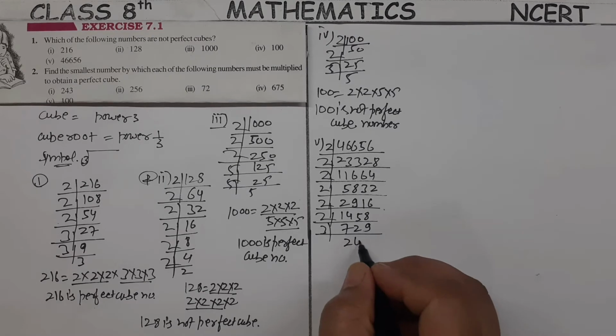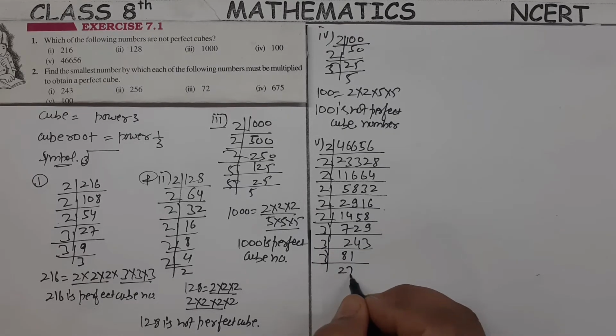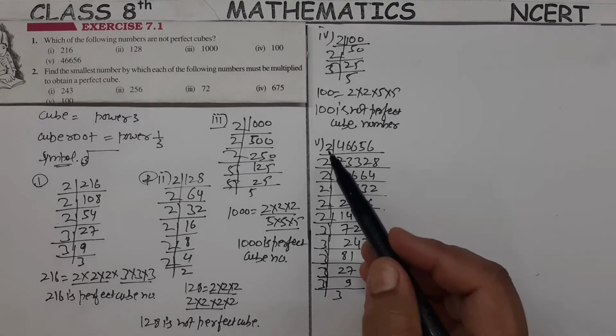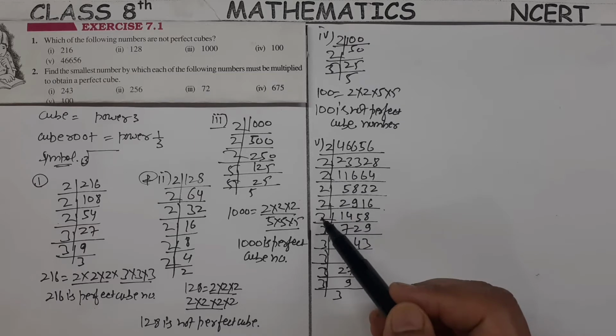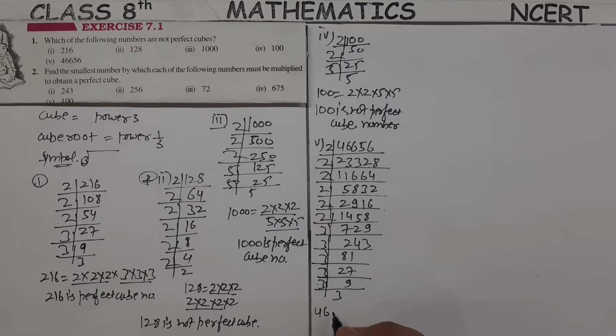Now divide by 3. Count: 1, 2, 3, 4, 5, 6. 2 comes 6 times, 3 comes 6 times. That's why 46,656 is a perfect cube number.